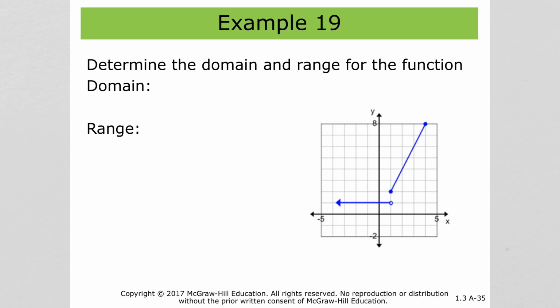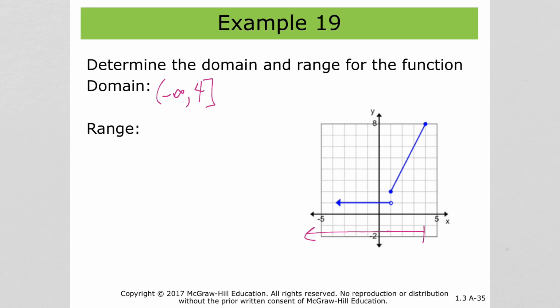The next example, the domain is going to the left forever, so negative infinity. And then it's stopping at x equals 4. You can see here there's no arrow, so it's stopping there. And it's including the 4, so we've got 4 with a bracket.